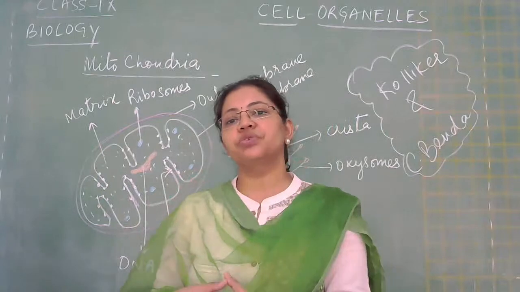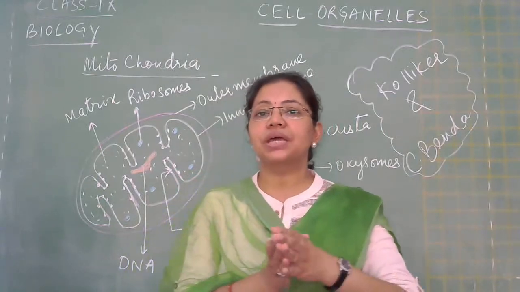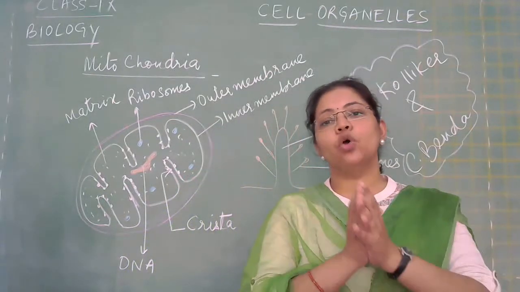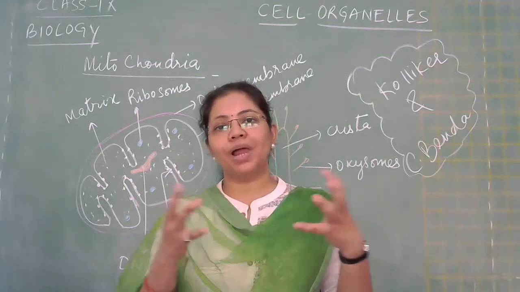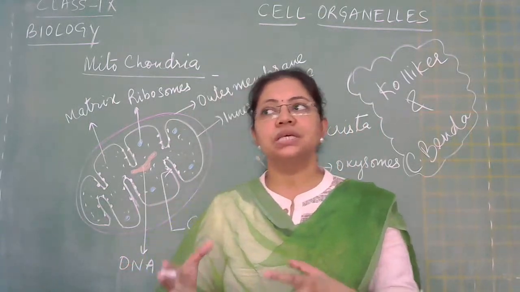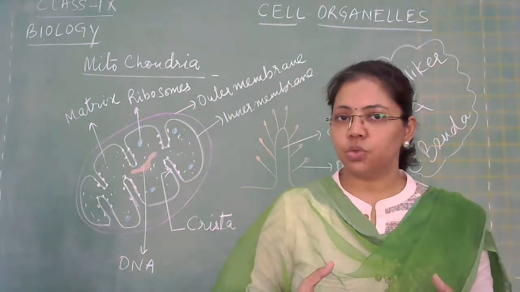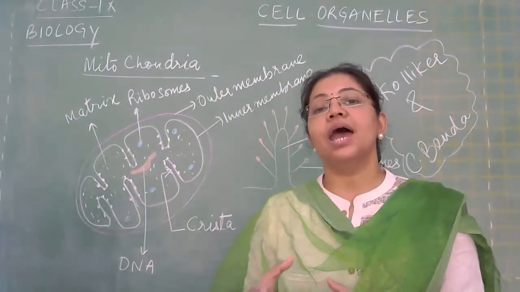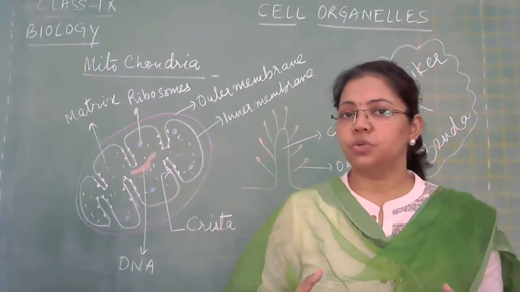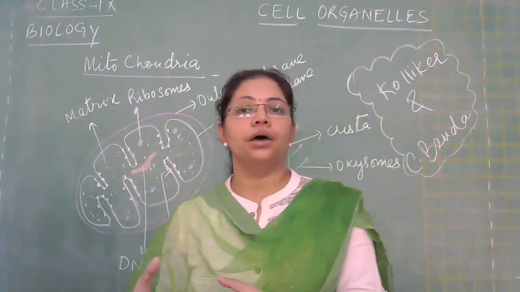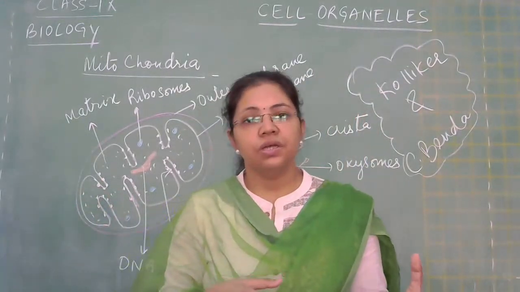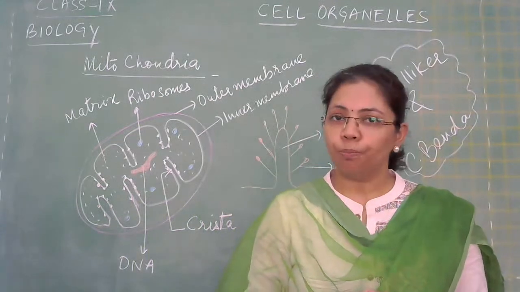First I discussed endoplasmic reticulum. And there we also learned about two types of endoplasmic reticulum, that is smooth endoplasmic reticulum, SER, and rough endoplasmic reticulum, that is RER. And we discussed the differences between those two, right?